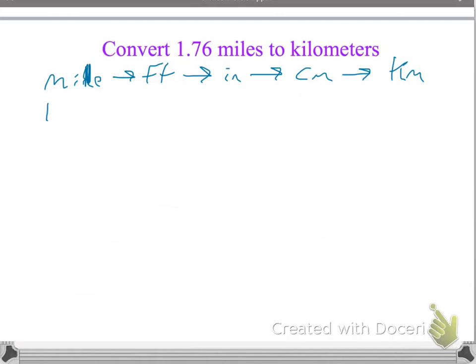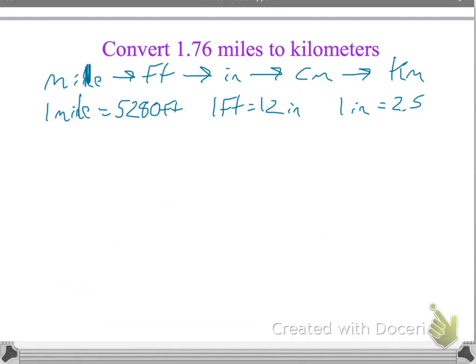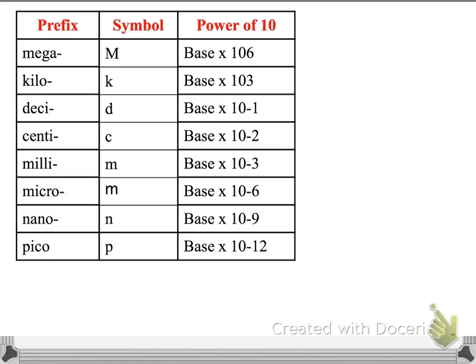So some things I know. I know the equality: 1 mile equals 5,280 feet. I know that 1 foot equals 12 inches. And I know that 1 inch equals 2.54 centimeters. What about this centimeters to kilometer thing? Well, we look here. We've got kilo equals 10 to the third, and centi equals 10 to the -2.